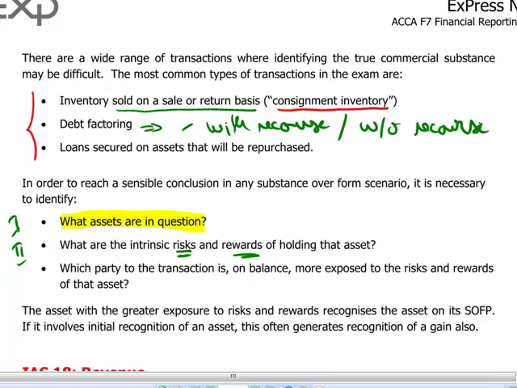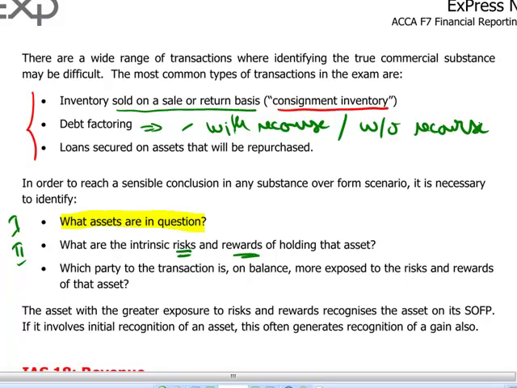So the substance of those transactions, with or without recourse, is totally different. In the contract with recourse, the trade receivables, and the risk associated with them, which is slow payment or no payment at all, still lie with the so-called selling company.